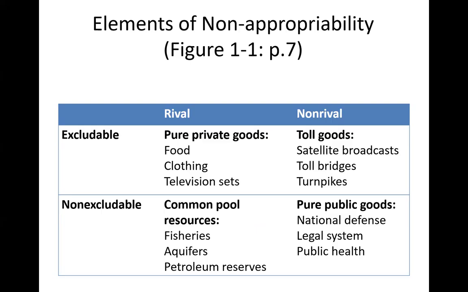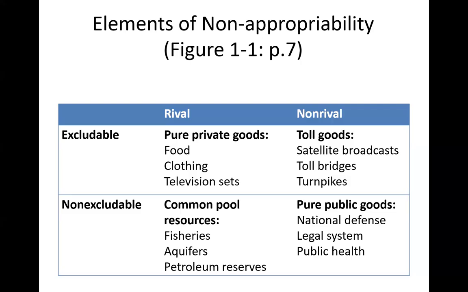For example, the private sector produces some goods with certain public good qualities, such as radio broadcasts that are non-rival and non-excludable in consumption, or streaming services that are non-rival in consumption but excludable.